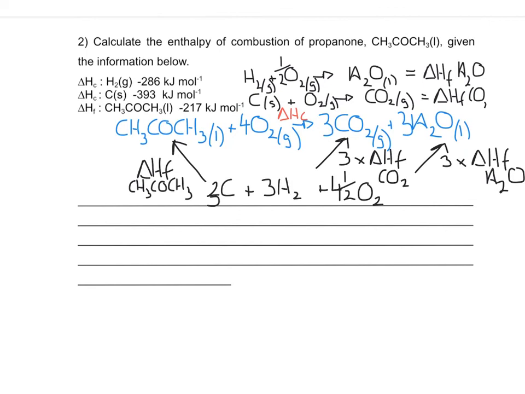Now we're going to use this cycle. So the yellow arrows, there is our direct route, there is our indirect route. And we've got to be very careful and look carefully at the directions of these arrows as we solve. So the delta HC, what we're trying to find, will be equal to, now we're going against the direction of the black arrow, so it's going to be negative the delta HF of propanone.